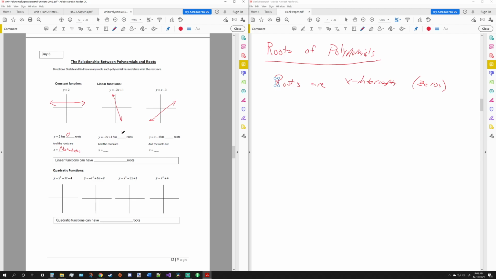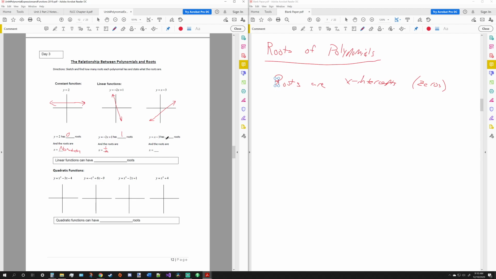This one has one root. And what is that value of that root? Well, that's when y is 0. So when y is 0, what would this function turn out to be when you solve it? It looks like negative 1 divided by negative 2. So it would come out to be positive 1/2.